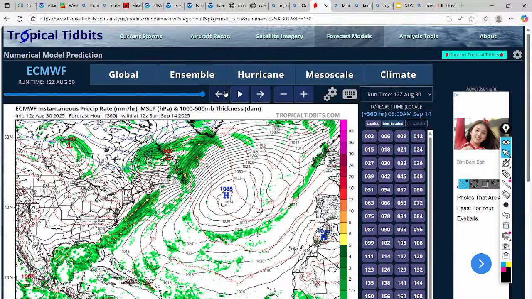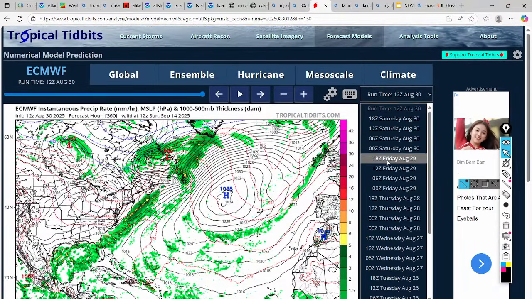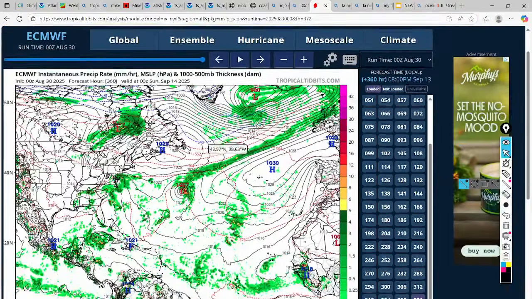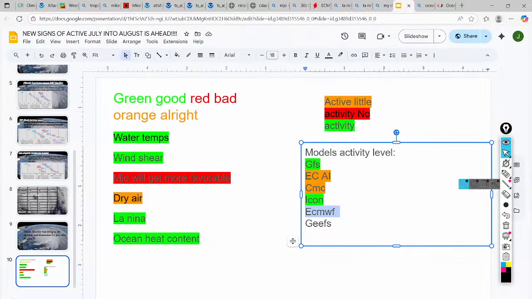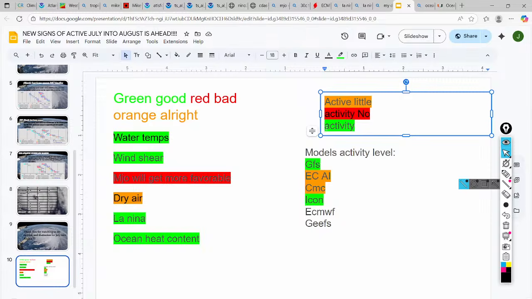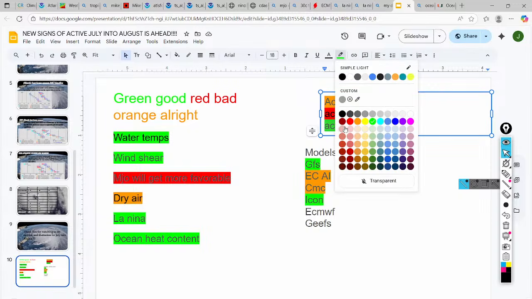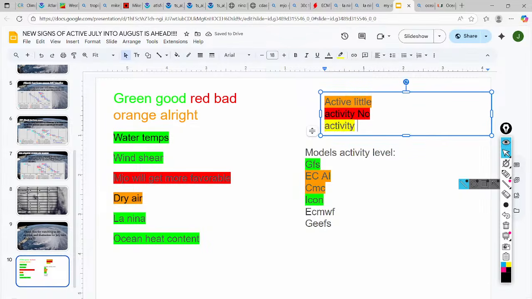The European, when we take a look here. We're going to make activity yellow, and then I'm going to fix this up.